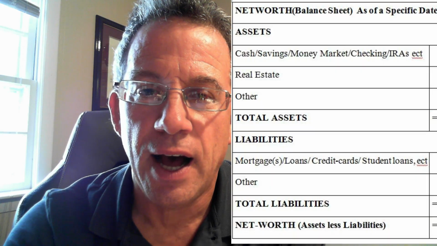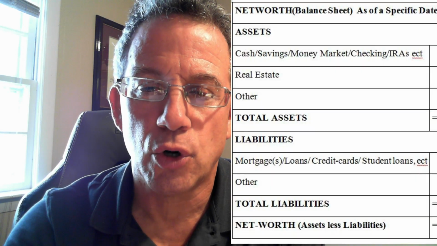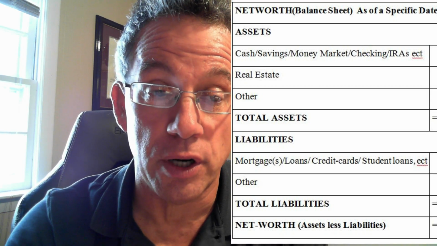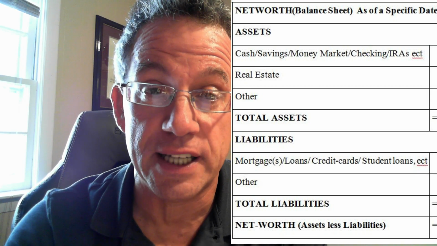So again, if you haven't done this before, or you haven't watched the first video, go back and watch the first video. In the first video, I talked about creating a balance sheet for yourself, net worth, and understanding how to create a balance sheet. That's extraordinarily important just for the discipline of understanding a balance sheet.